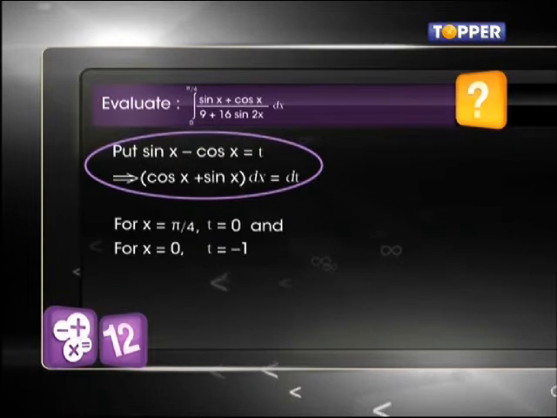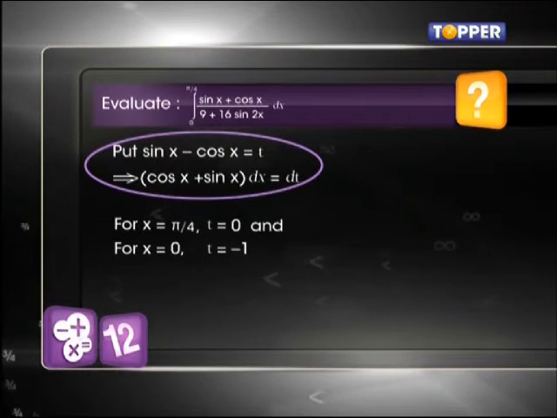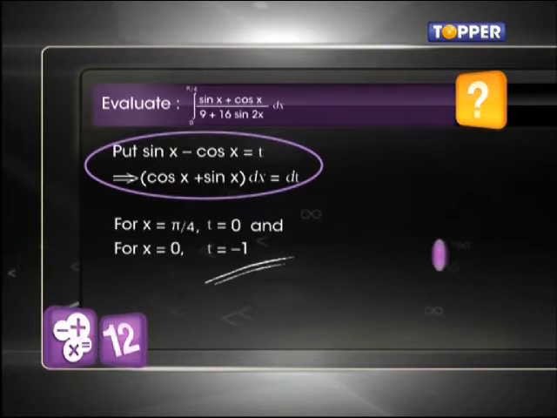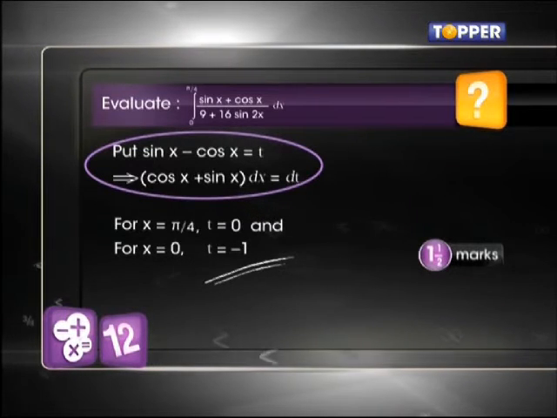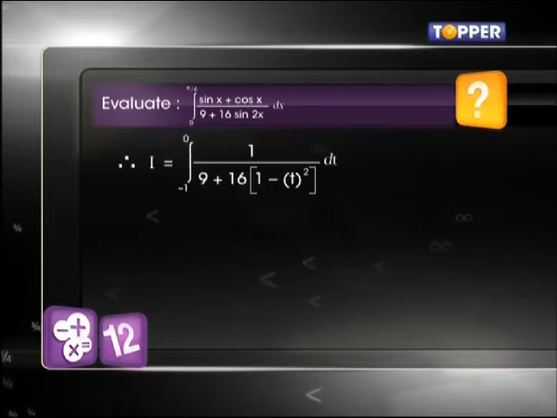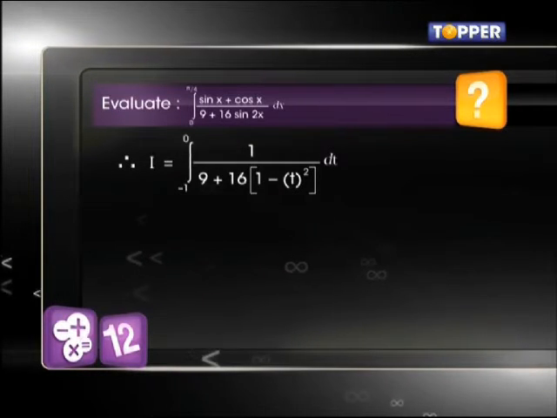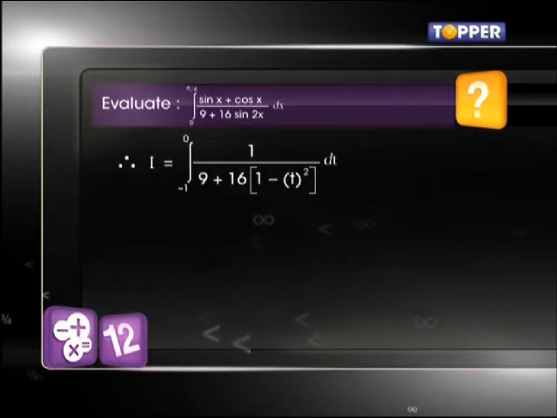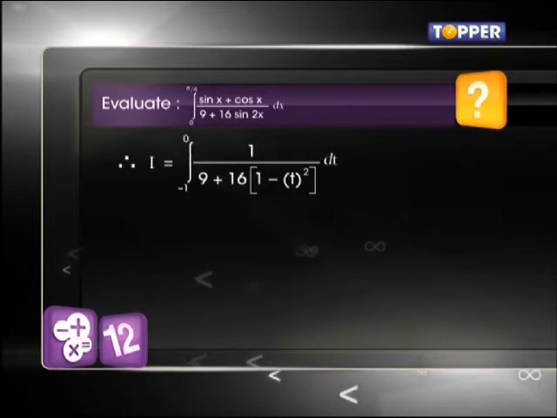At x equals pi by 4, t is equal to 0. And at x equals 0, t equals minus 1. Now, I is equal to the definite integral of 1 by 9 + 16 into (1 minus t square) at the limits from minus 1 to 0.